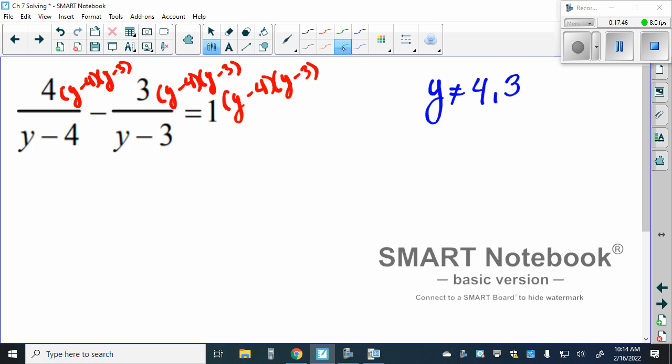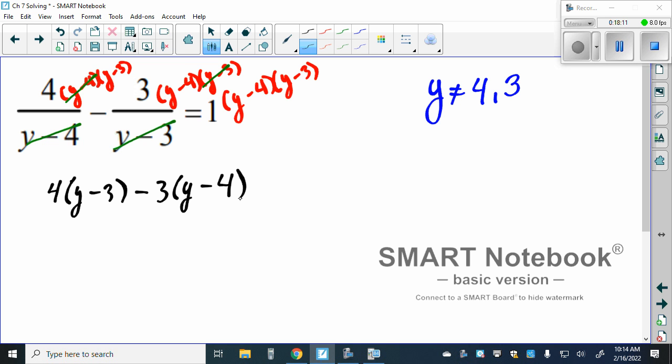Now, on the first one, the y minus 4 and y minus 4 will simplify out. In the middle one, the y minus 3 and y minus 3. And in the last one, it doesn't have a denominator that will simplify out with anything. So what we're left with is 4 times y minus 3 minus 3 times y minus 4 is equal to y minus 4 times y minus 3.